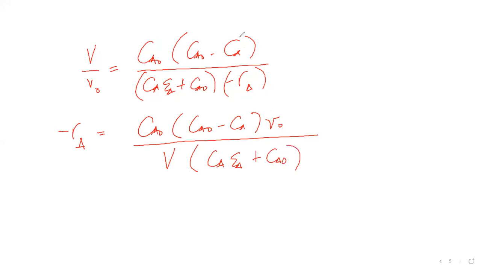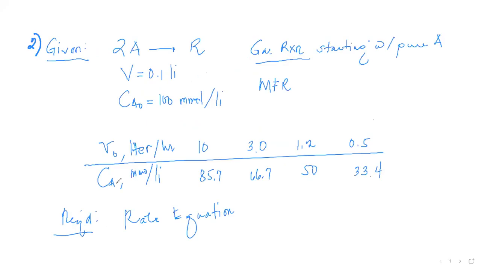Now, since you have 4 runs, you will have to determine the rate and the Ca pair. Now, the Ca is already given in the problem. This is already our Ca.